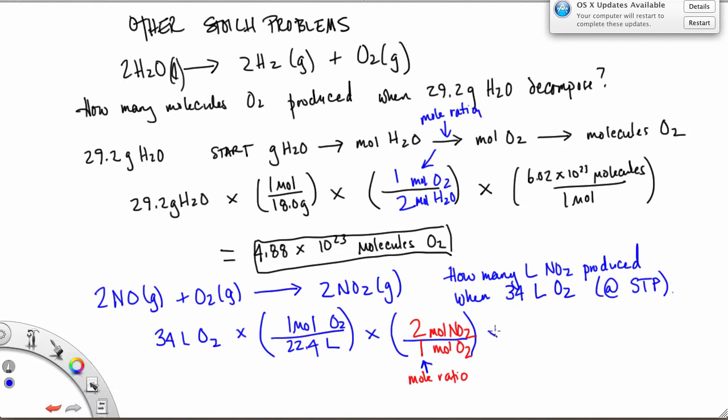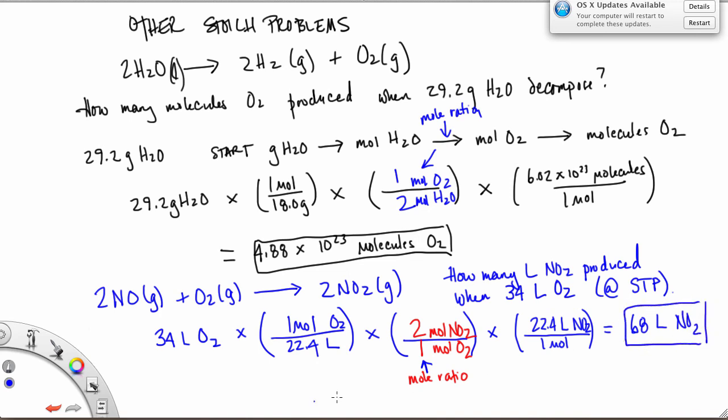Now since I'm in moles of NO2, I can convert to liters of NO2. I know that there are 22.4 liters of NO2 in 1 mole. So my problem becomes 34 divided by 22.4 times 2 times 22.4, and this will be 68 liters of NO2.